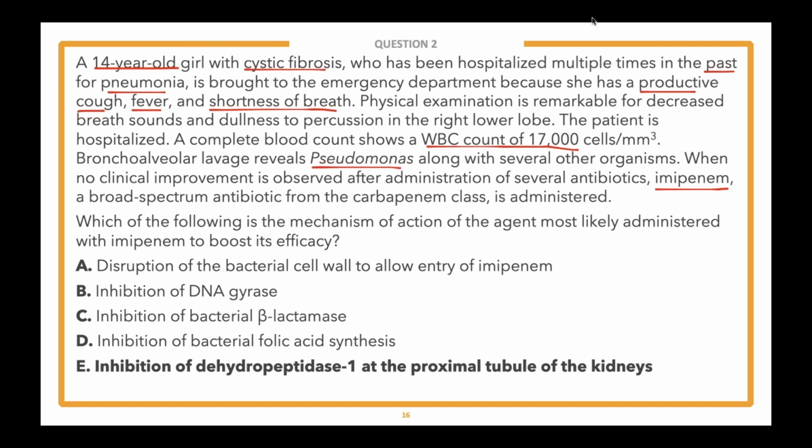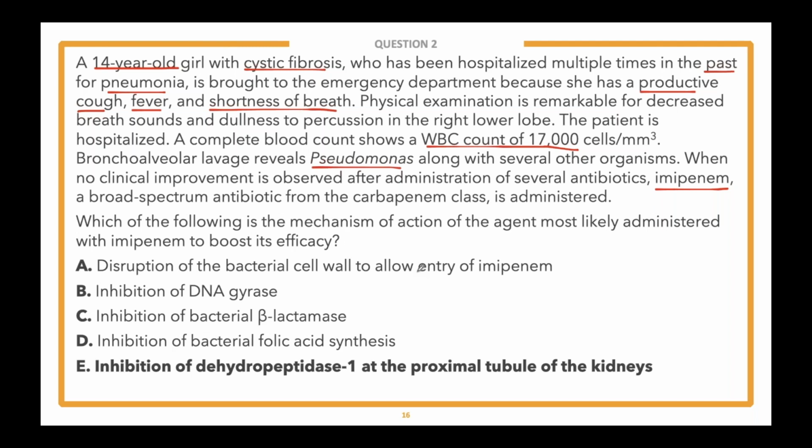And that's really what we're looking for given the question stem, the lead-in, right, which was most likely administered to boost its efficacy. So C, inhibition of bacterial beta-lactamase. That's referring to our special group of helper molecules called beta-lactamase inhibitors that we do often co-administer along with antibiotics, but those would be penicillin antibiotics.